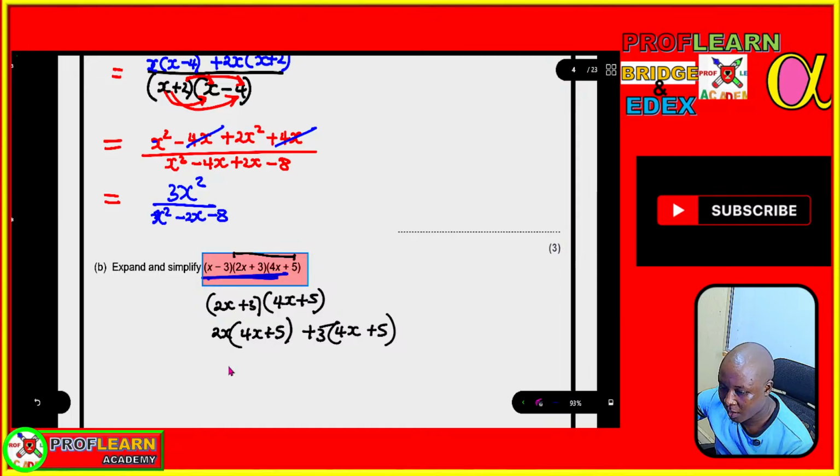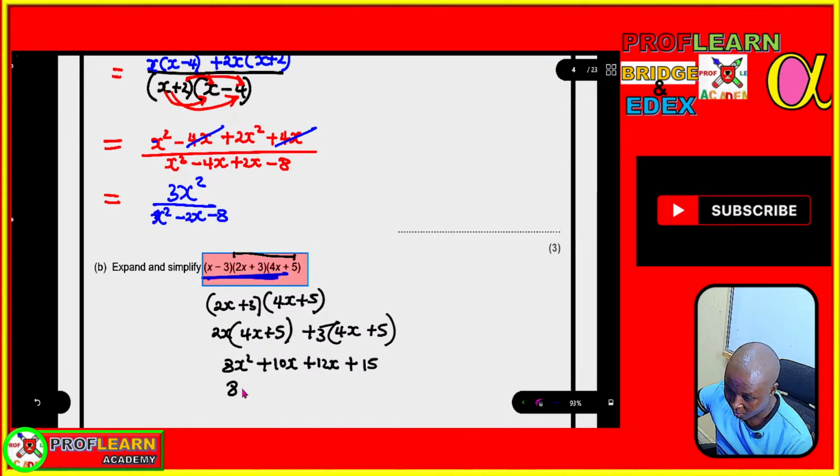So if we open the bracket here, it will be 8x squared plus 10x plus 12x, and this is going to be plus 15. If we put the like terms together, it will be 8x squared plus 22x plus 15 at that point.